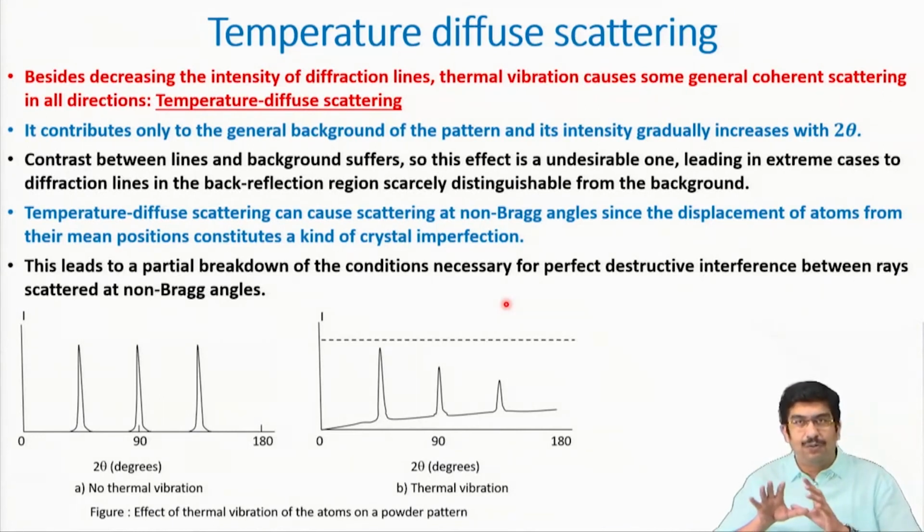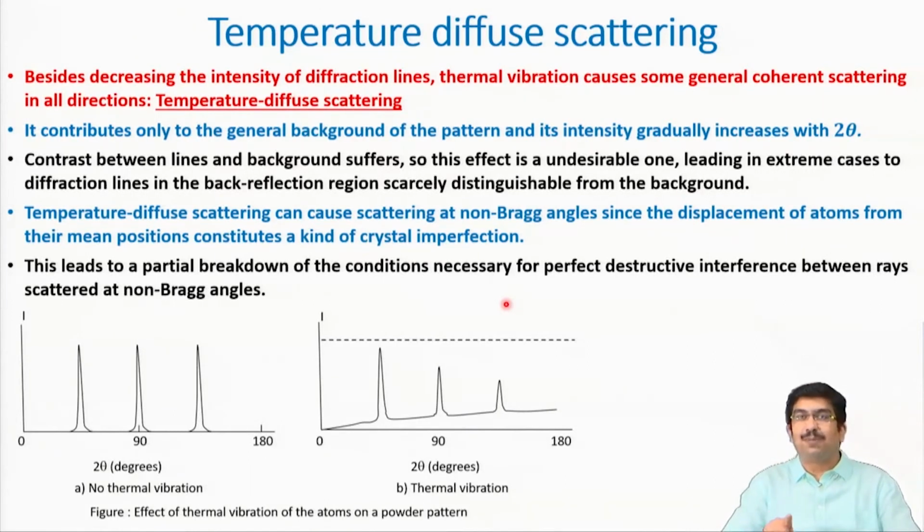If you understand that constructive interference is completely related to the satisfaction of the Bragg's condition, then other than those Bragg's condition, other than those sin theta values, ideally we should have complete destructive interference.